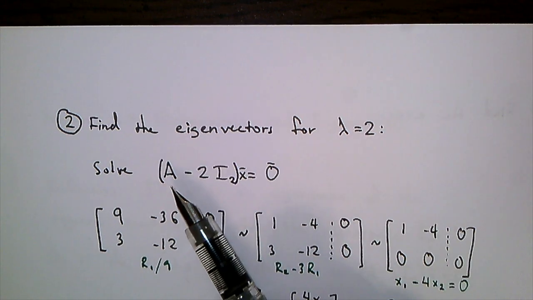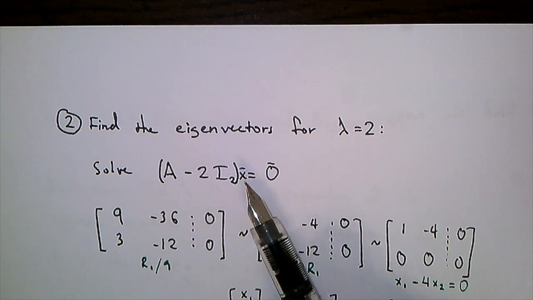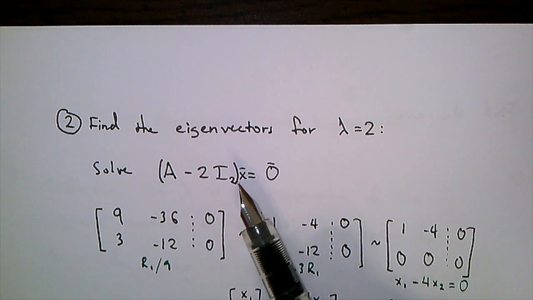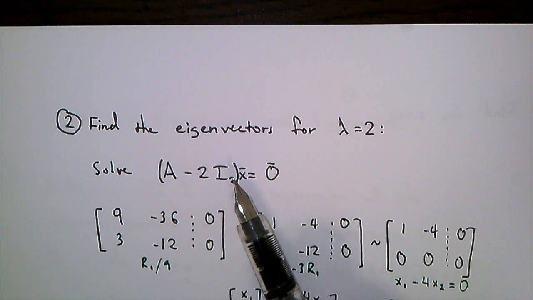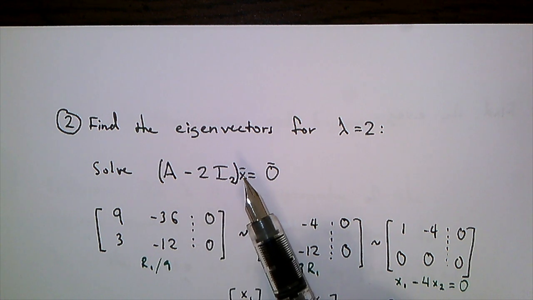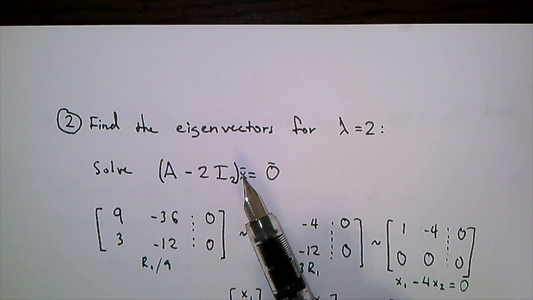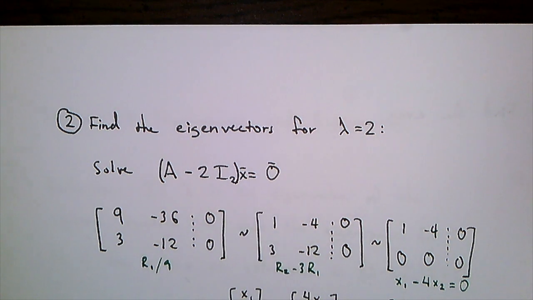So what this means is we're trying to find the vectors that are solutions to this equation. So we'll have to set this up in an augmented matrix in order to do row reduction.